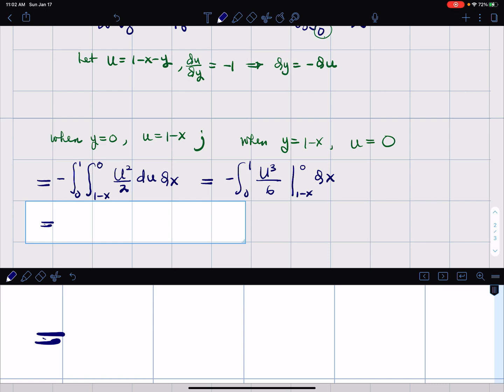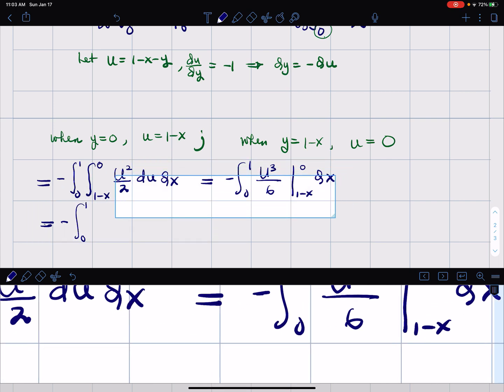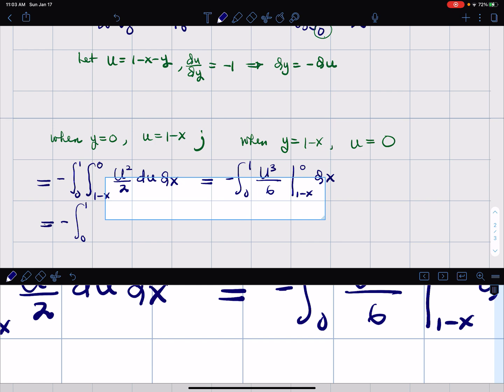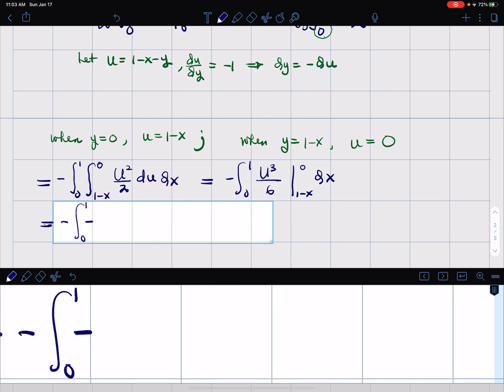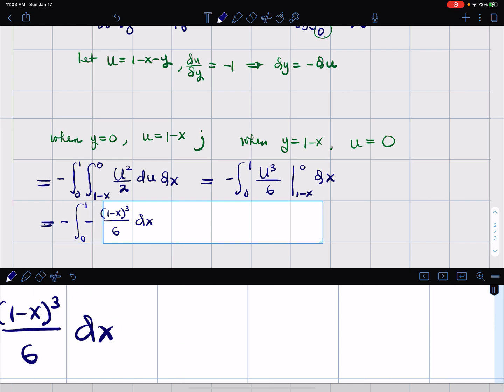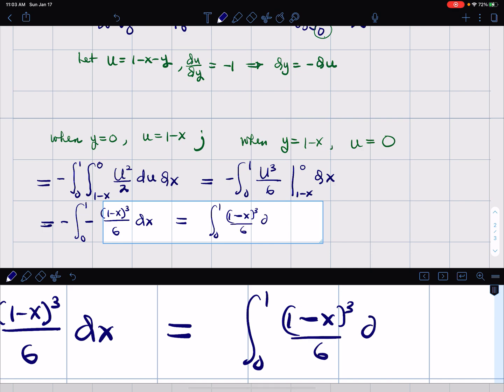When u is 1 minus x, so you have negative integral 0 to 1. So we plug in 0 and you subtract when you plug in 1 minus x. So it becomes negative 1 minus x cubed over 6 dx. So this is actually integral 0 to 1 of 1 minus x cubed over 6 dx.